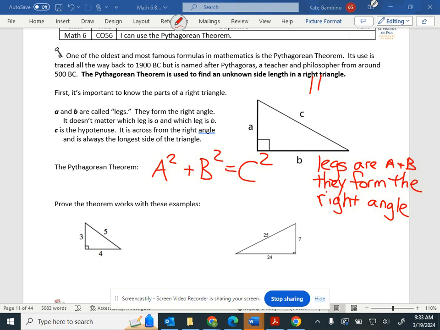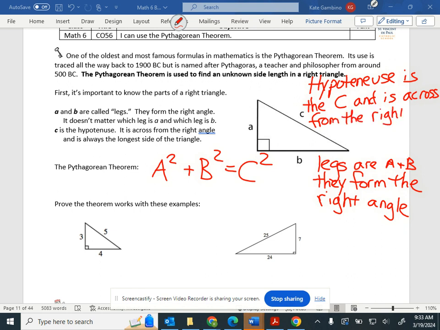The hypotenuse is the C and is across or opposite from the right angle. So the hypotenuse is always across from that right angle. The two legs A and B form the right angle. The C is always across from the right angle.